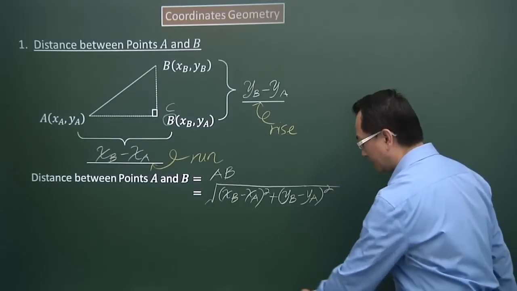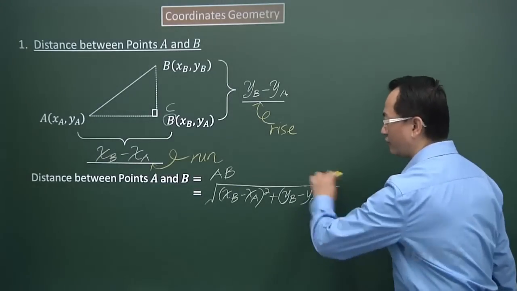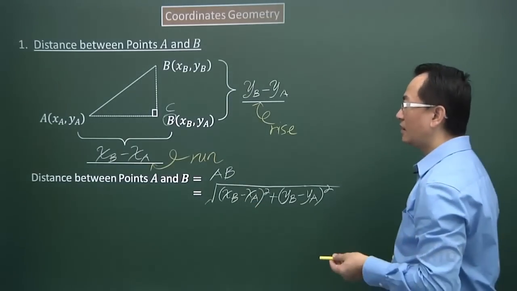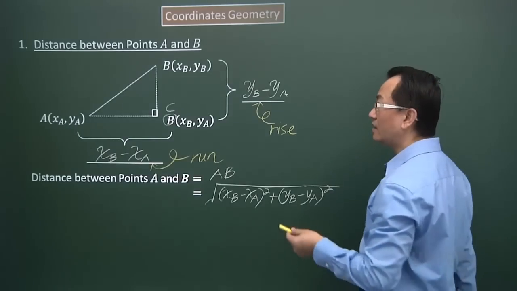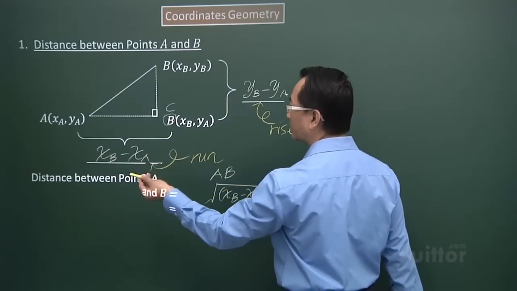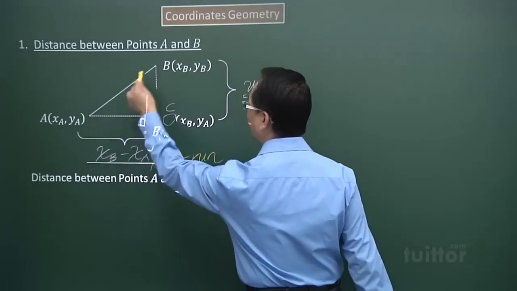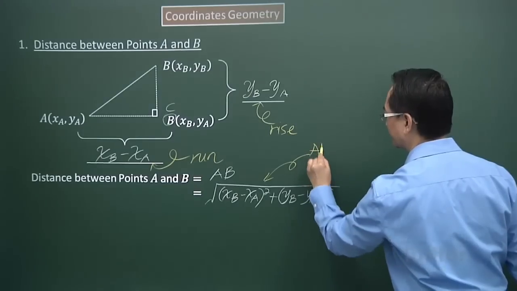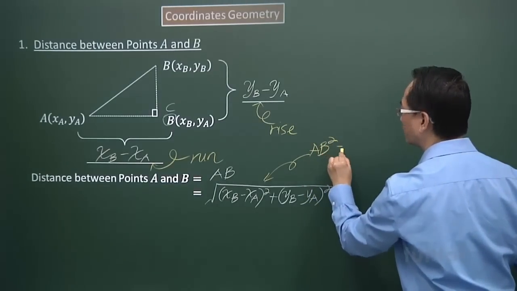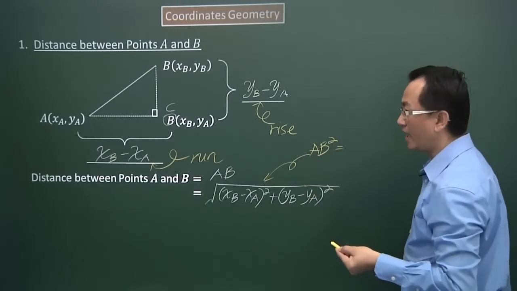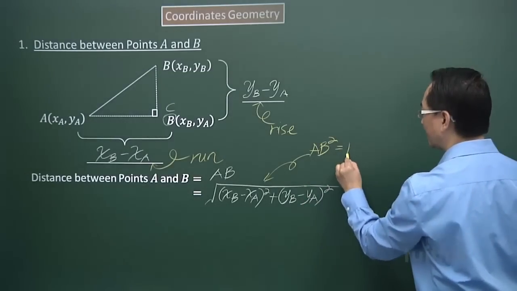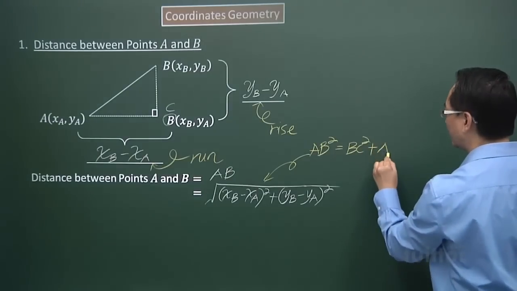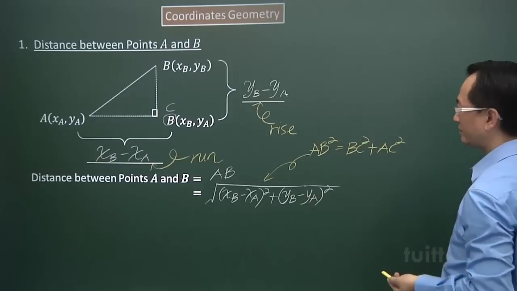So basically, how this formula is arrived at, we are using the Pythagoras theorem, taking AB squared equals the square of BC plus the square of AC.